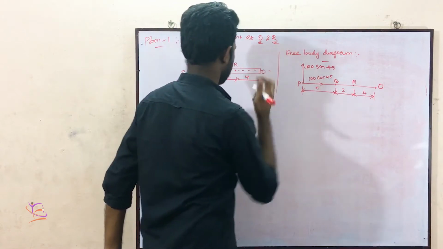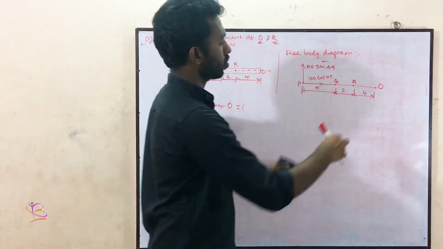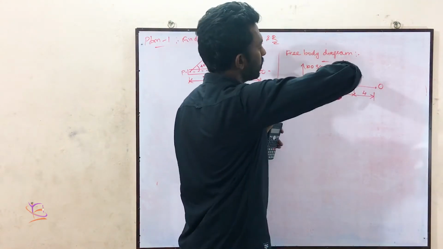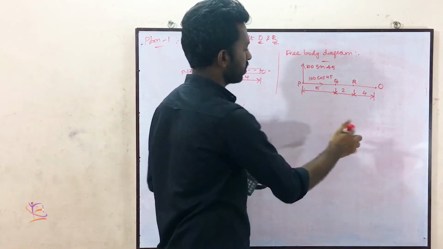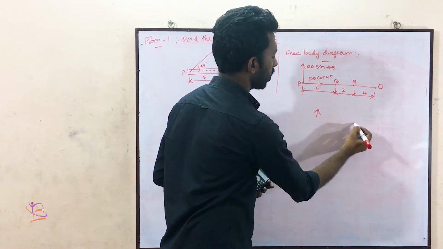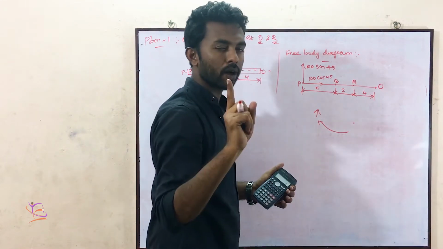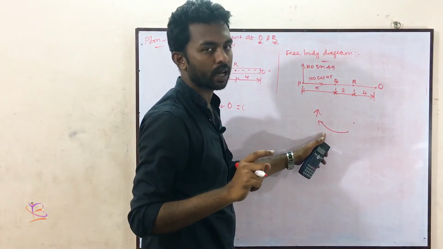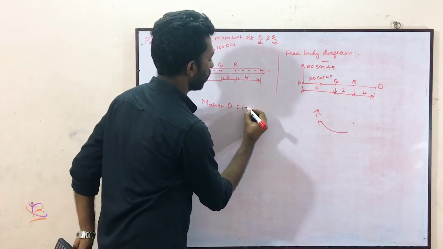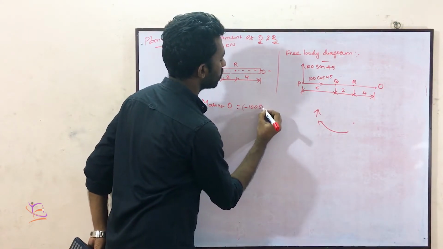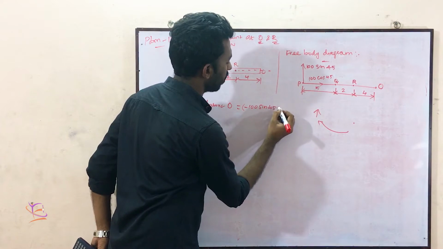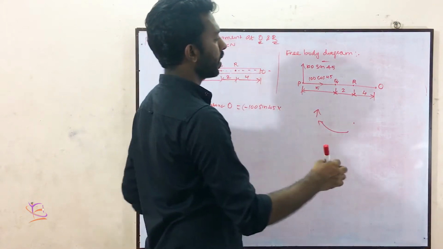First, 100 sin 45 acts in this direction. Is this clockwise or anti-clockwise? This is clockwise, right? So minus 100 sin 45 into the distance.